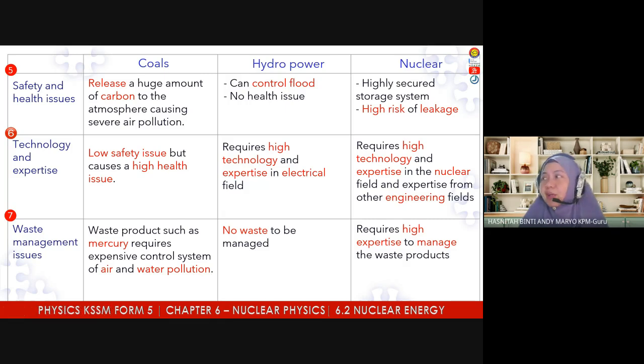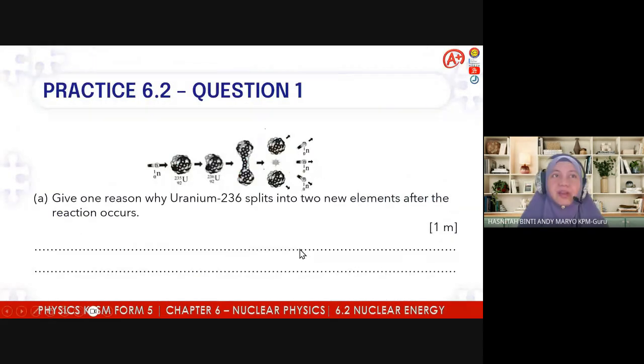So nuclear waste cannot simply be dumped here and there. It needs high management expertise. So that is about nuclear energy, how it is used to generate electricity. Okay, now let us take a look at this question, students.